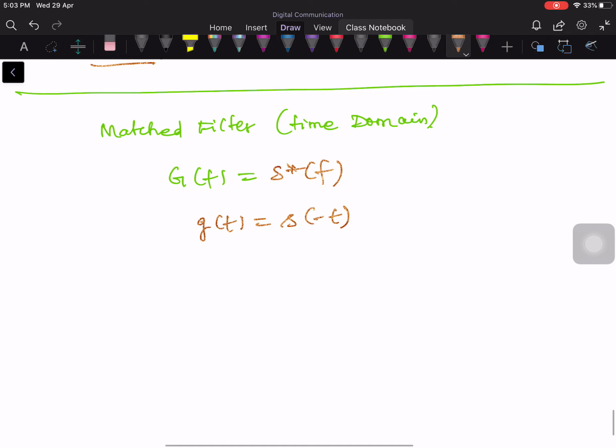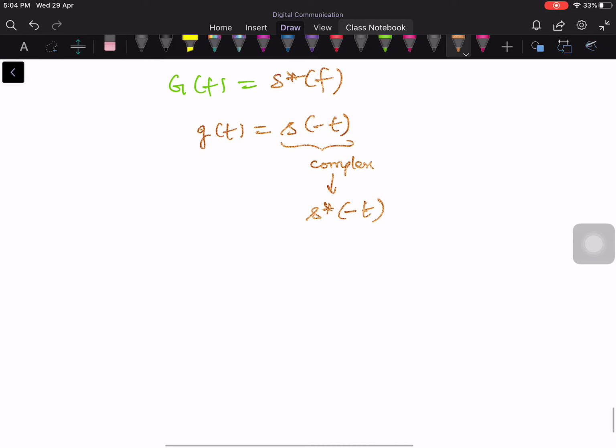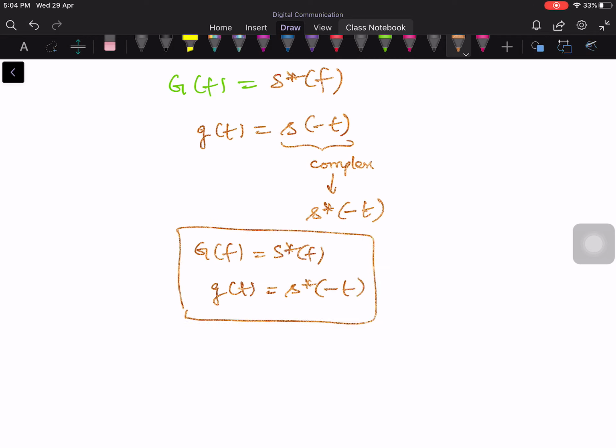And if it is complex, if the signal is complex, then you write S conjugate of minus t. Therefore, the frequency domain and the time domain pair is given below. G of f equal to S conjugate of f, and if you take time domain, S conjugate of minus t. So this is the relation between the time domain and the frequency domain.